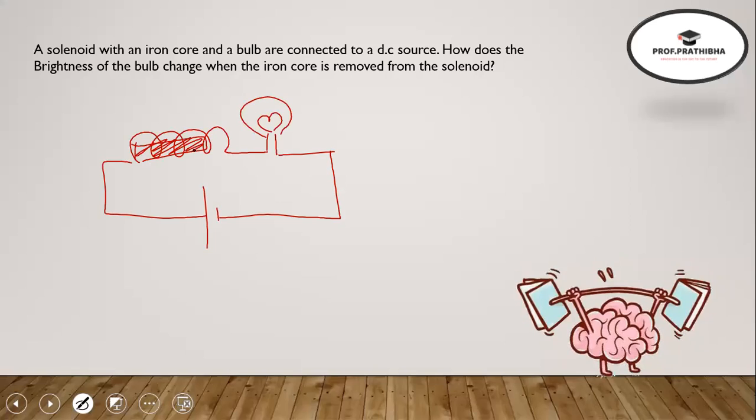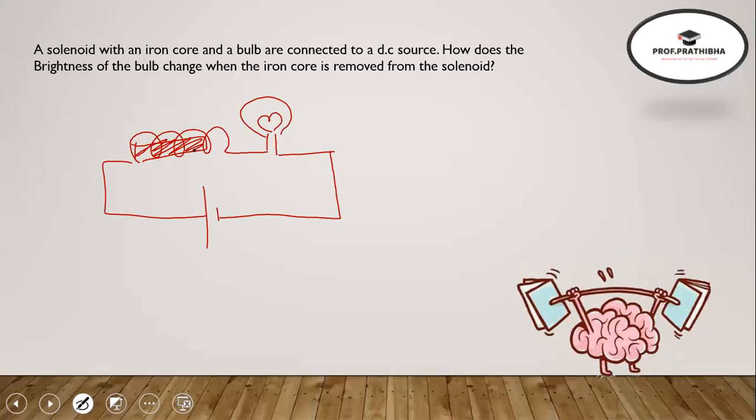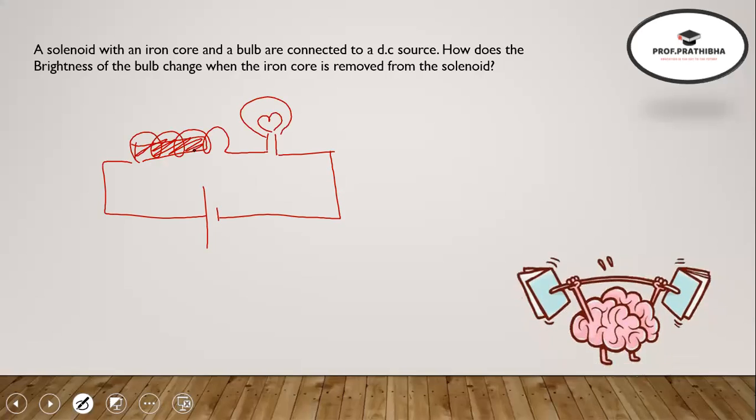Let me see if you can think. So a solenoid is there which has an iron core, and there is a bulb connected to a DC source. The question is, how does the brightness of this bulb change?